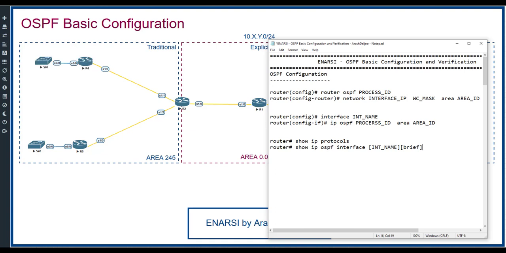In most cases, maybe 90% of cases, we don't need all of this information. Because of that, it is recommended to use brief information related to OSPF and the interfaces that OSPF is enabled on. You can use show IP OSPF interface brief.